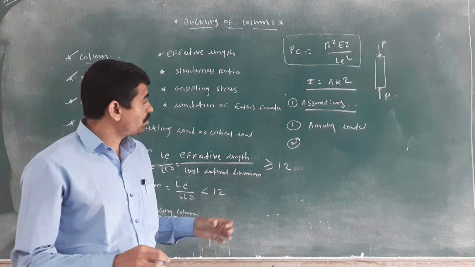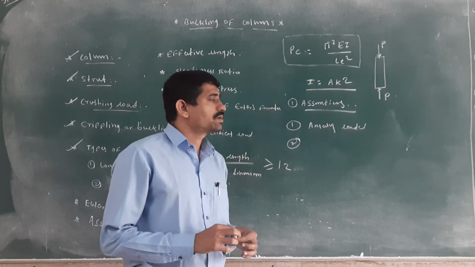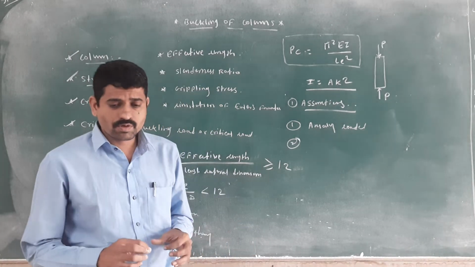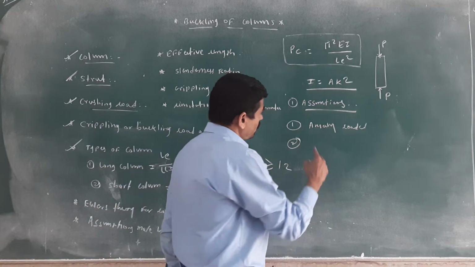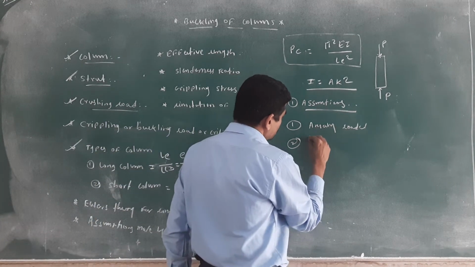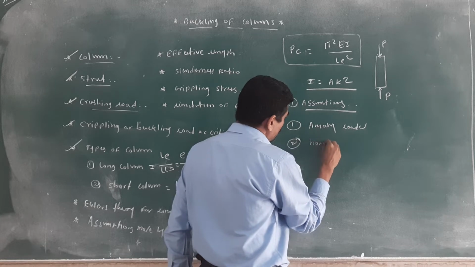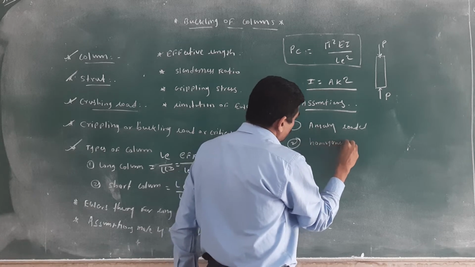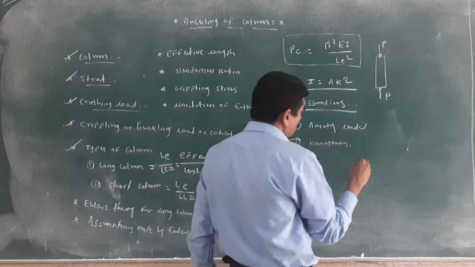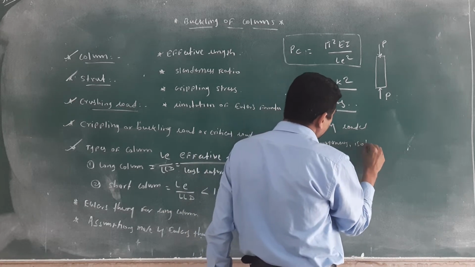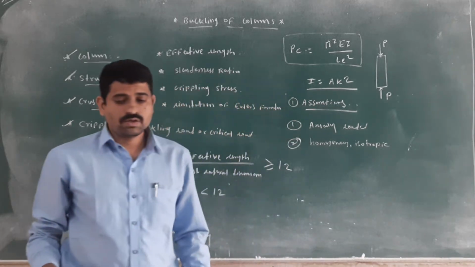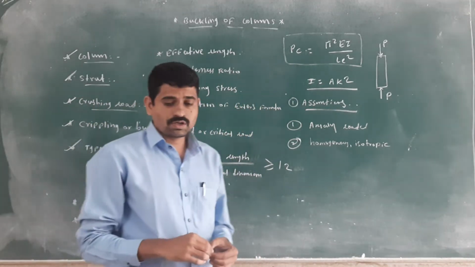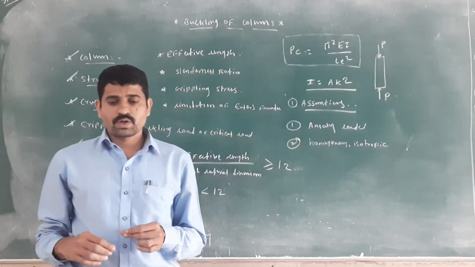Then what about the material of the column? The column material should be homogeneous and isotropic.